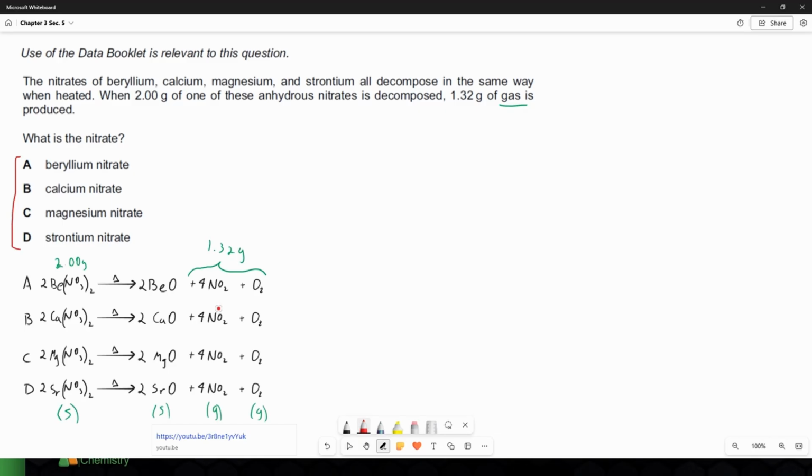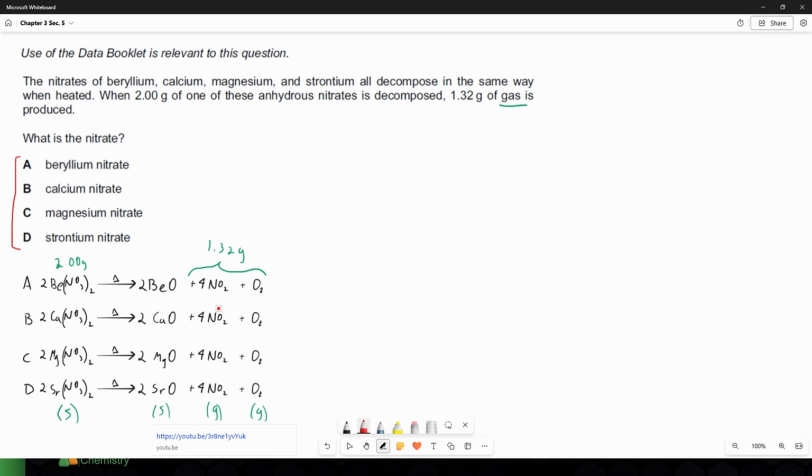So how can we do this in a way that's not going to take some high level complicated math? We can simply figure out how much gas will be given by 2 grams of each of our options. Once we get 1.32 grams, that's the answer.